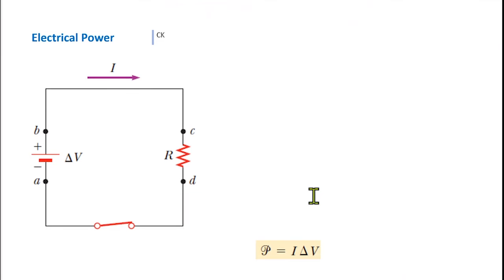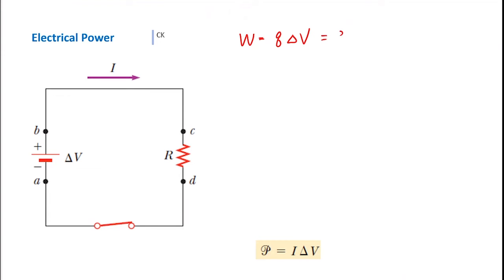Let's talk about power. Our work, remember, is Q times the potential difference. Do you remember that from our previous sessions? Oh no, you don't remember.